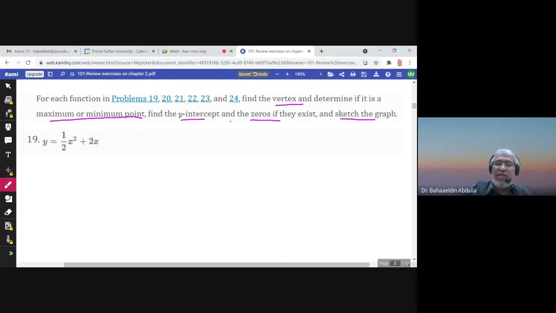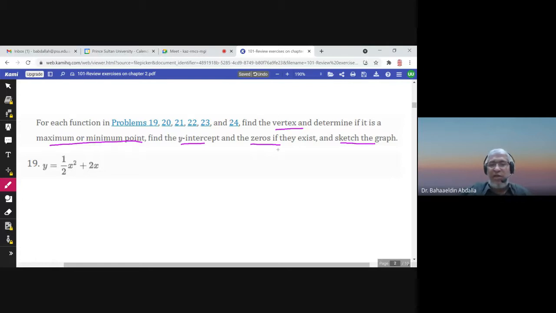The vertex of the parabola has coordinates (h, k), and we can find h using this formula, negative b over 2a, where b is the coefficient of x. Here a is a half and b is 2, so negative b would be negative 2, over 2 times a half, which is 1, so h is negative 2.